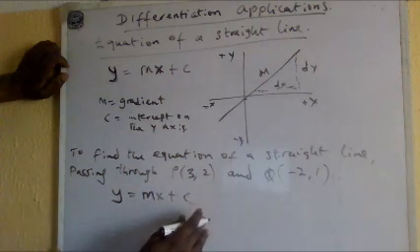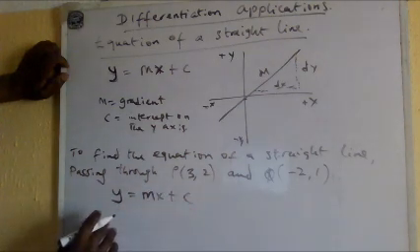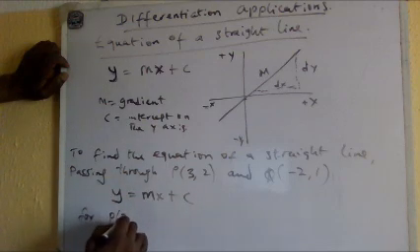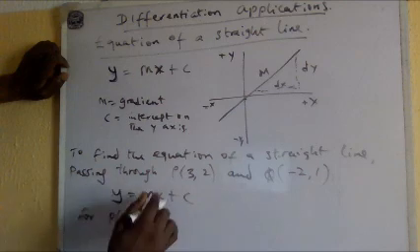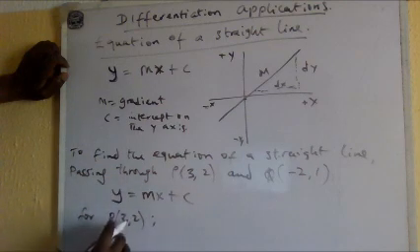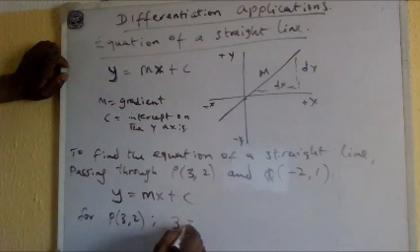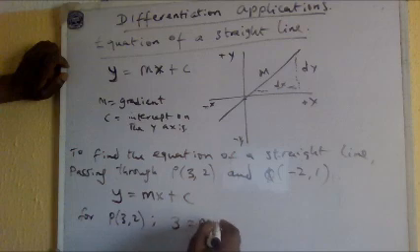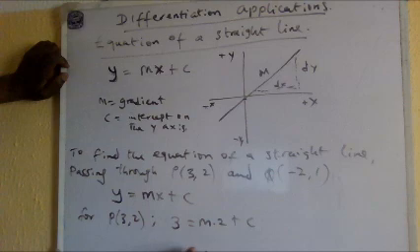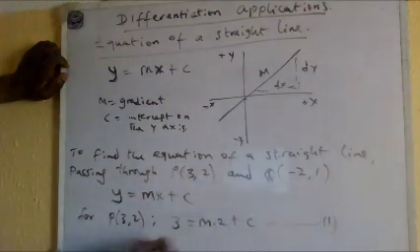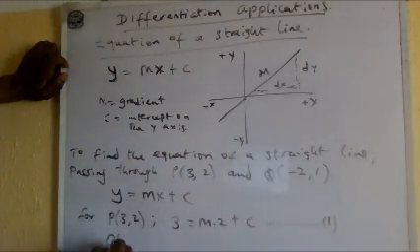We have defined all these parameters, and then for P, this equation now becomes 3 equals m times 2 plus c.